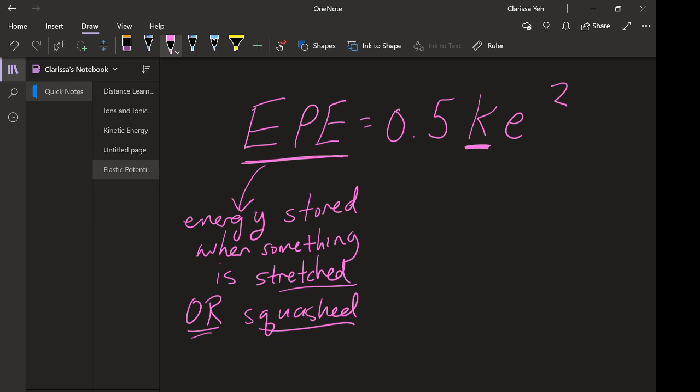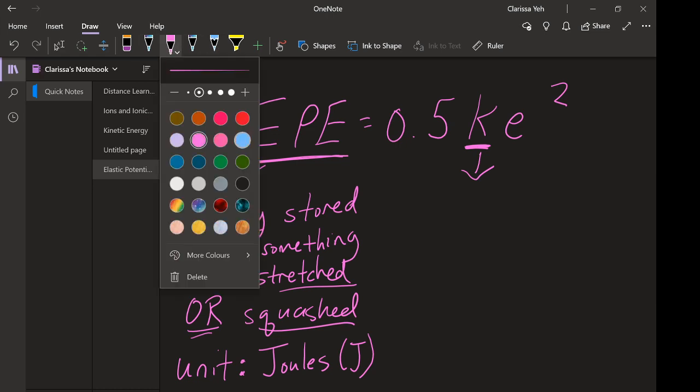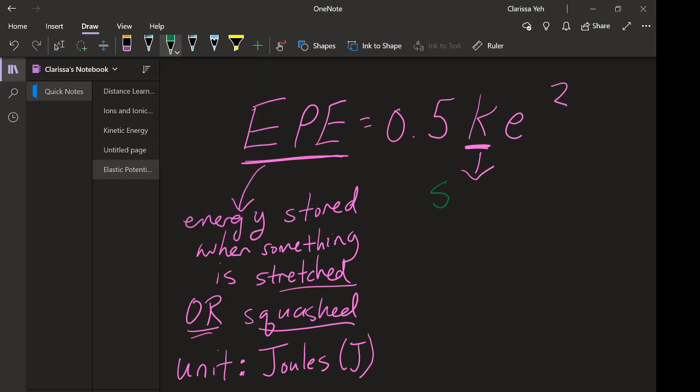Oh, also, I forgot to mention, remember, because elastic potential energy is an energy, it's going to be measured in joules, or shortened to J. Now k is something that's known as the spring constant. The unit for that is newtons per meter.